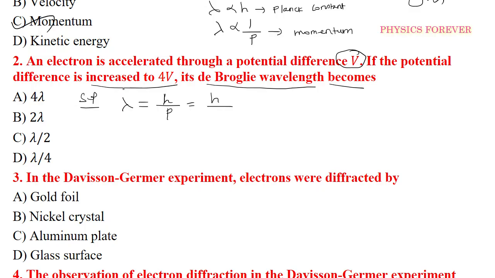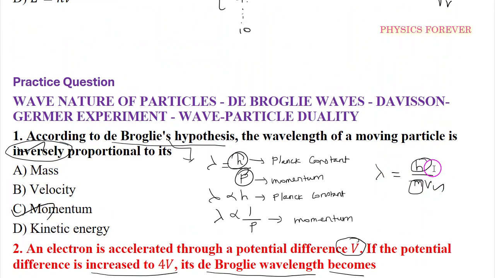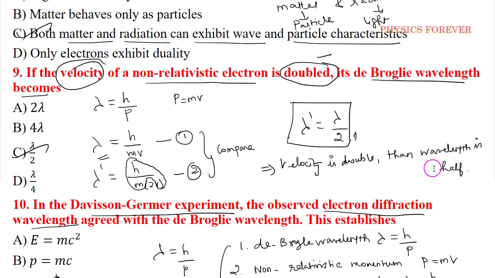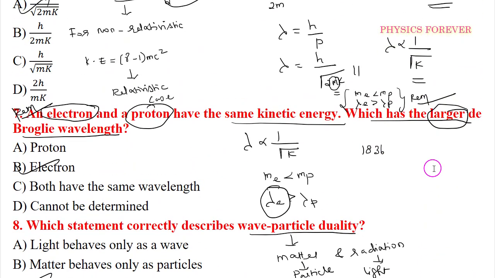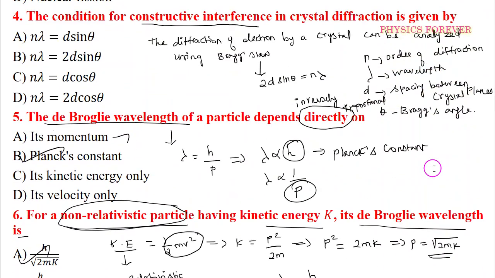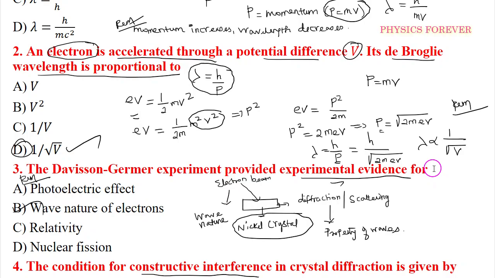For an electron accelerated through a potential difference, we get 2meV. We discussed this in the last class.